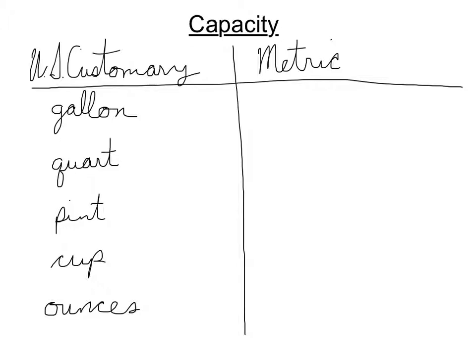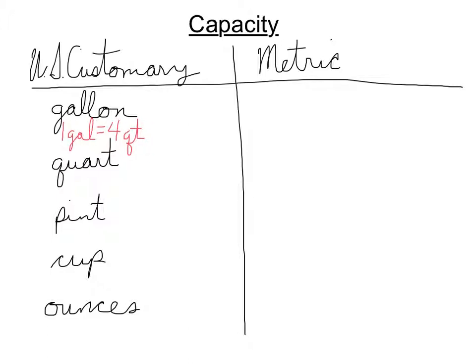So in those spaces we skipped, with a red pen, we're going to fill in the conversions. So a gallon, abbreviated GAL, is equal to 4 quarts, abbreviated QT. So notice the word quart kind of reminds you of quarter. Well, 4 quarters in a dollar, 4 quarts in a gallon.